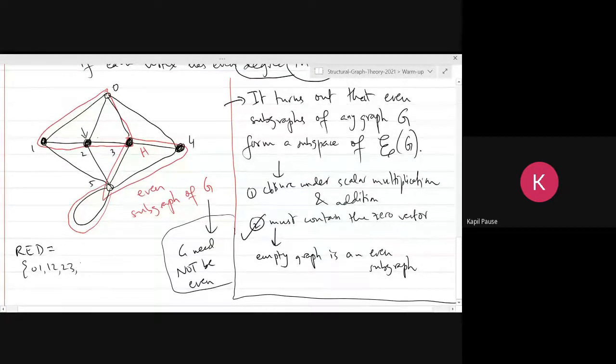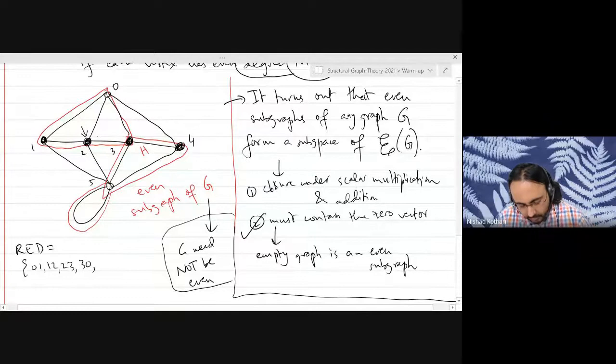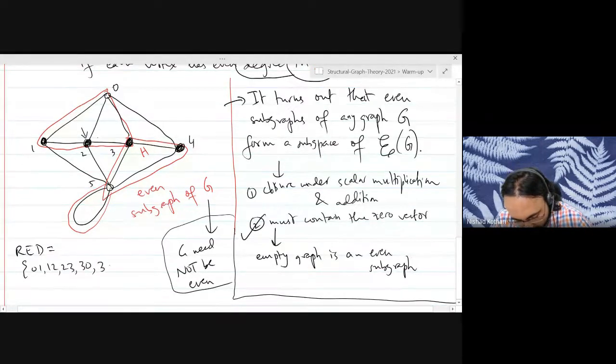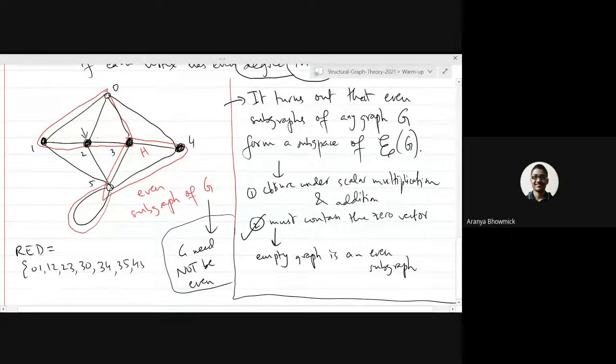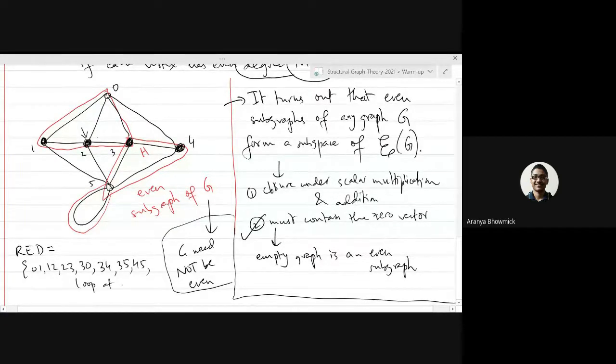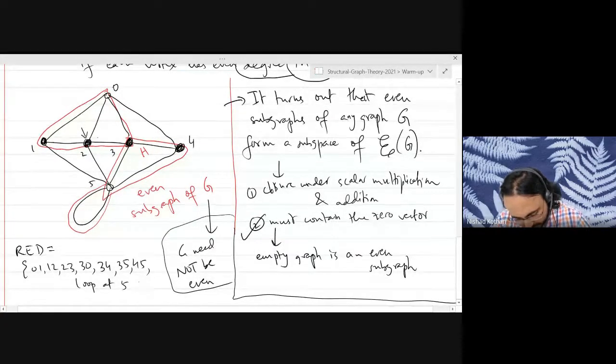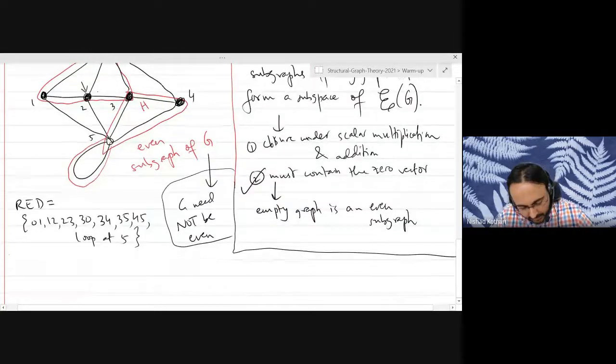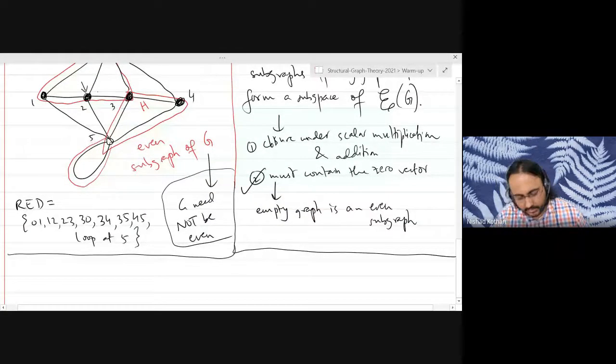Right, induced is another concept. There is a concept called induced subgraphs that we'll talk about later, where if you take the vertices, then you have to take all the edges between those vertices. But right now we are not considering induced subgraphs. Actually, sir, if we consider both spanning and induced, then it basically means H equals G. Yeah, that's right. So right now we are just considering spanning subgraphs.